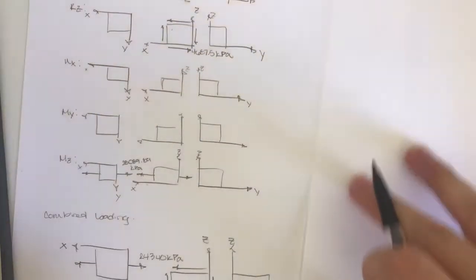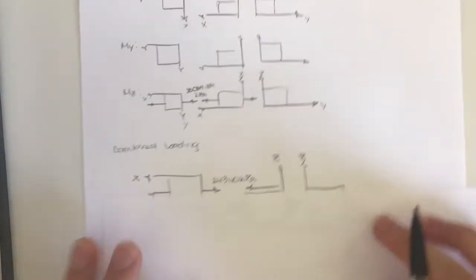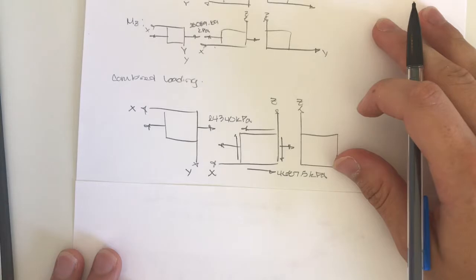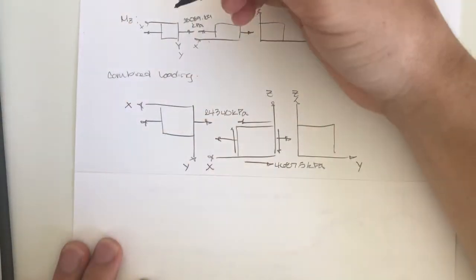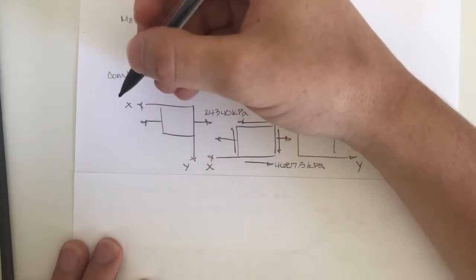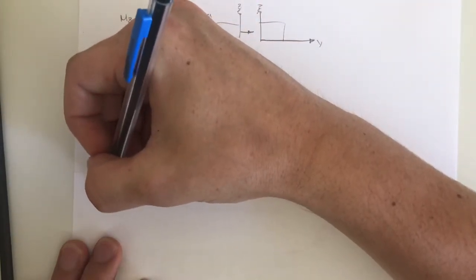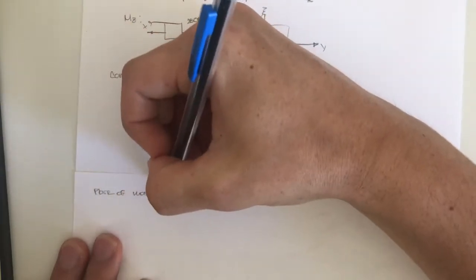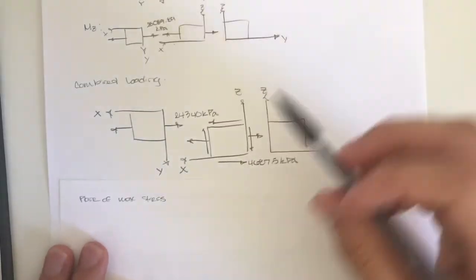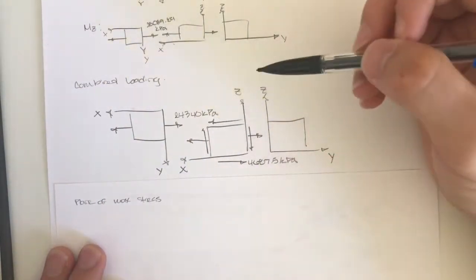Okay, perfect. So from these values, we can find the plane of max stress. The plane of max stress is the XZ plane, as there's a shear force and a normal force here.